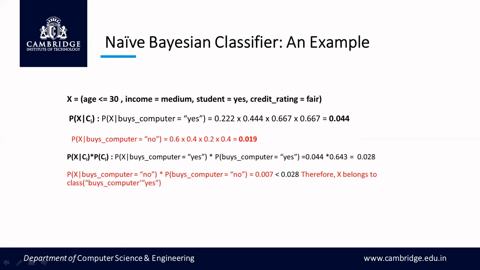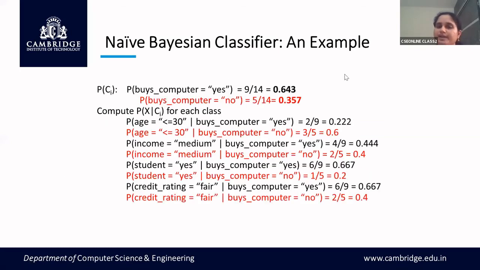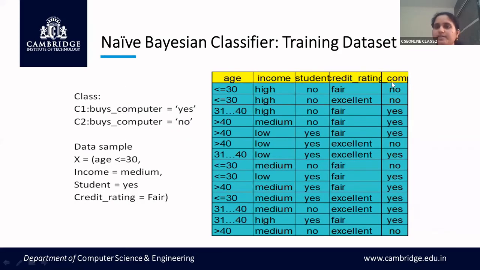So what we did, see, this was your sample data set. In order to make you understand again, I'll just repeat it briefly. So this was your data set given, and in this data set, this is your class label, right?